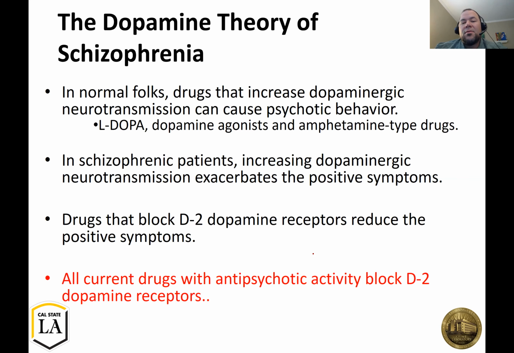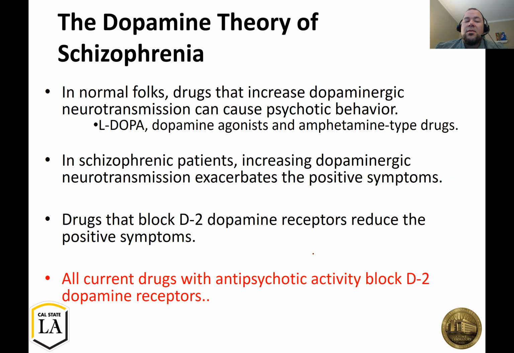These compounds in normal people can produce some psychotic episodes, right? So in schizophrenic patients, increasing dopaminergic transmission exacerbates the positive symptoms. So you make their conditions worse if you put those type of medications on board.